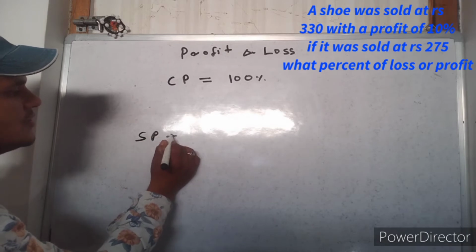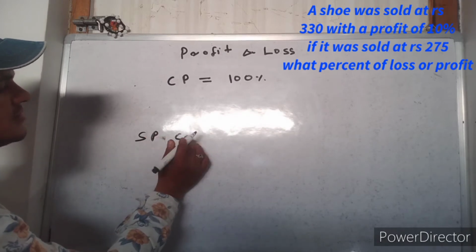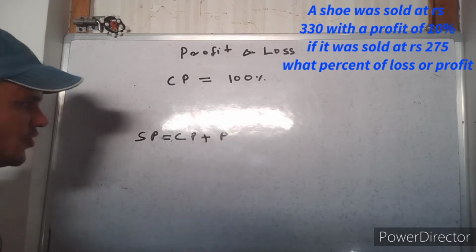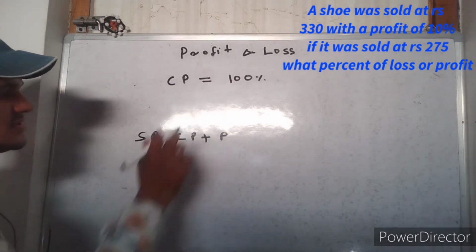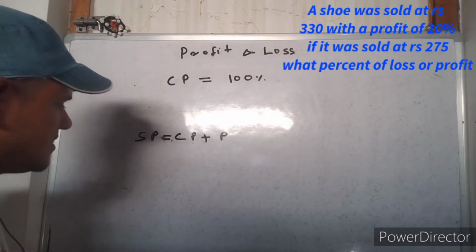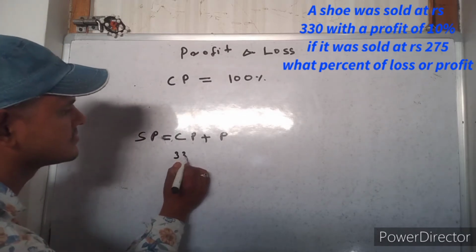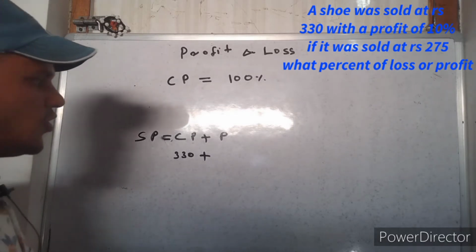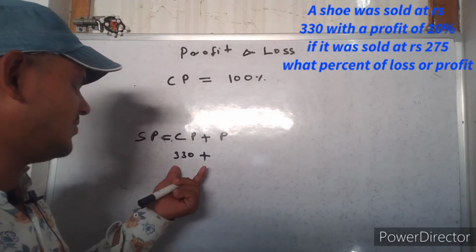SP equal to CP plus profit. CP is given, 330, plus what is profit? Profit is 10% of this amount.